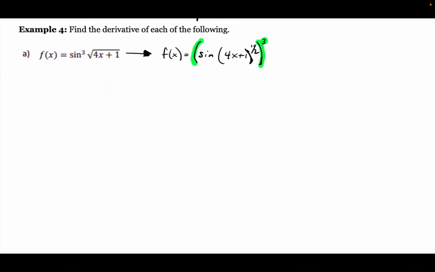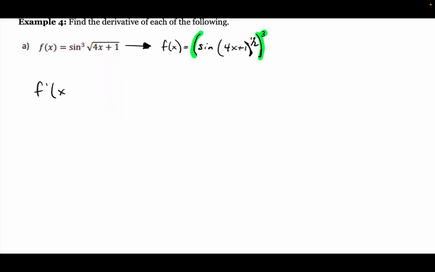That's all I would do. F prime of x equals, move the 3 to the front, change the power to a 2. What do I do with the inside stuff I haven't done? Rewrite it exactly where it is. So sine of 4x plus 1 to the 1/2 power.